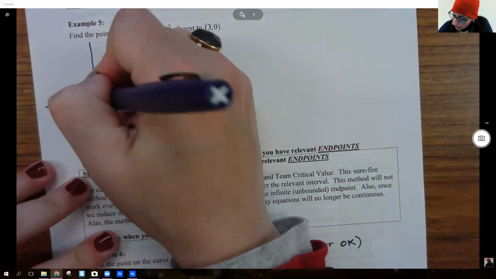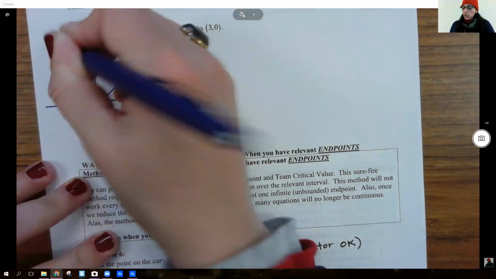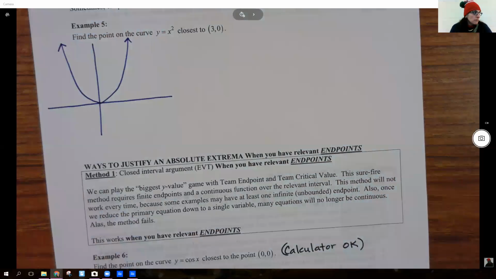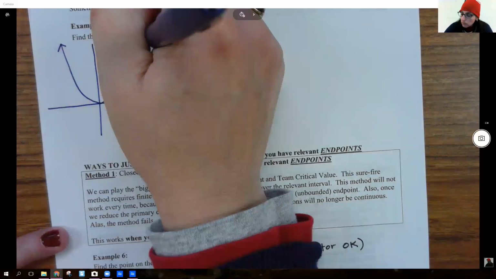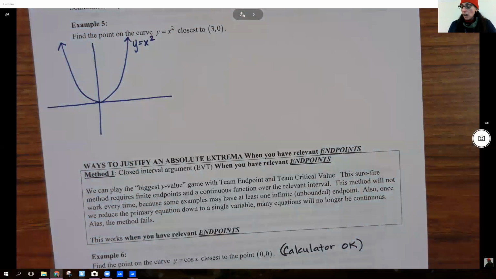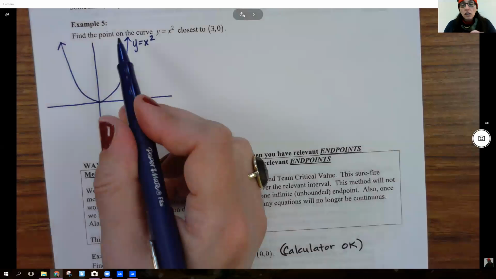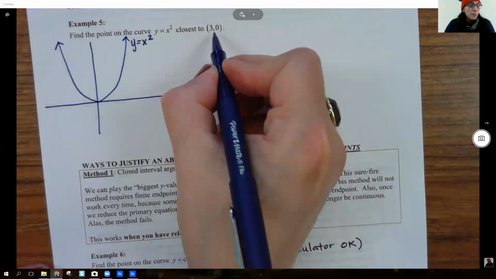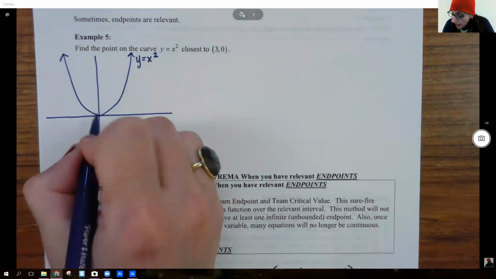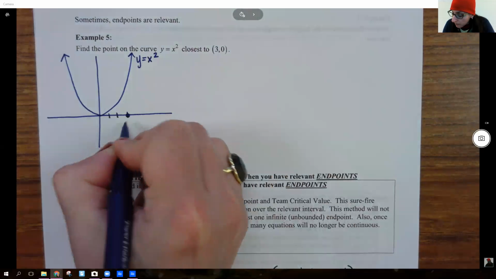It's a parabola with a vertex at the origin. I want to figure out what point on this parabola is closest to this point, 3, 0. So 3, 0 is somewhere on the x-axis, right here.